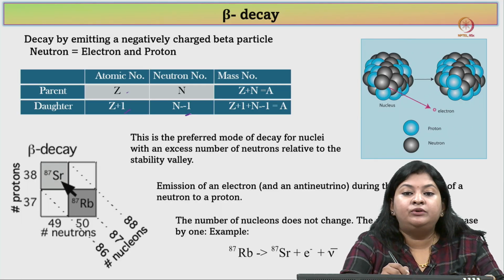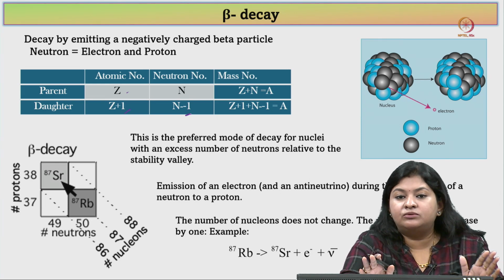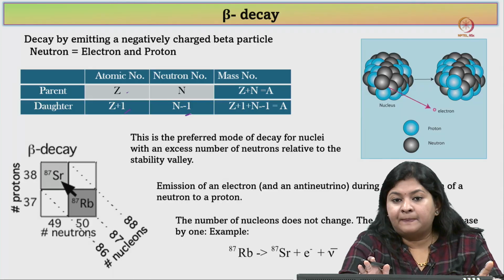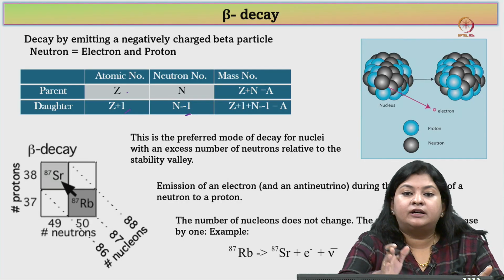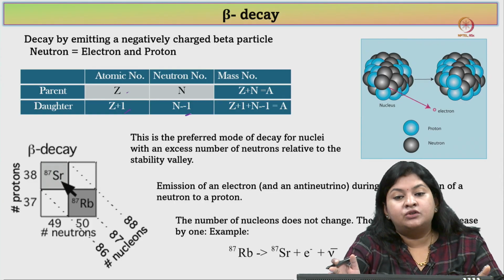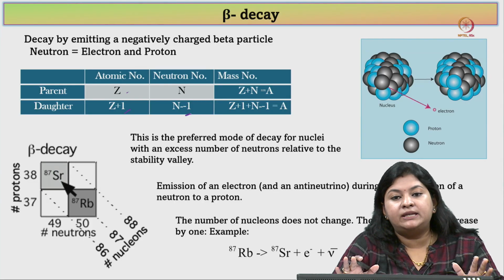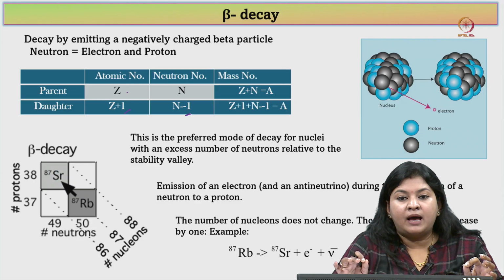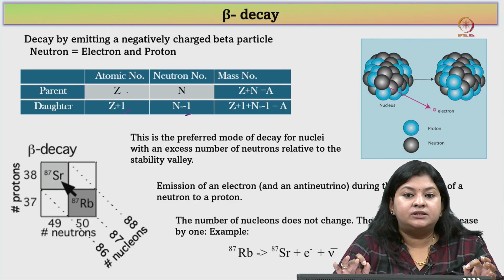So, the number of neutrons gets decreased, but the mass remains the same. There is no change in the mass, because that neutron just got converted into a proton. Here there is no change in the mass number, but there is a change in the atomic number.